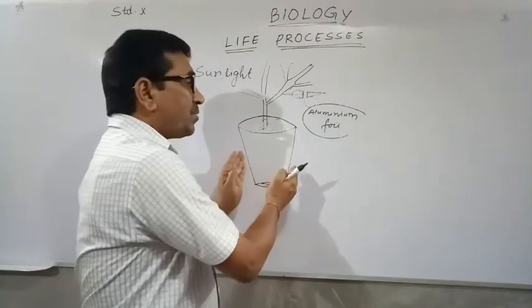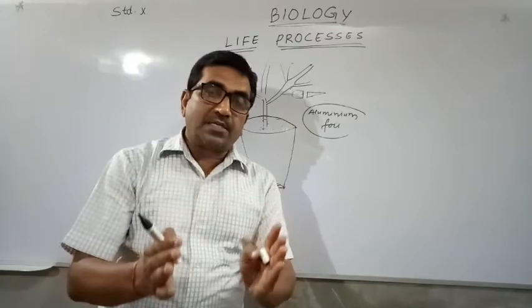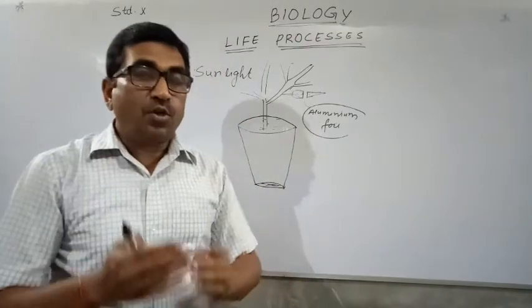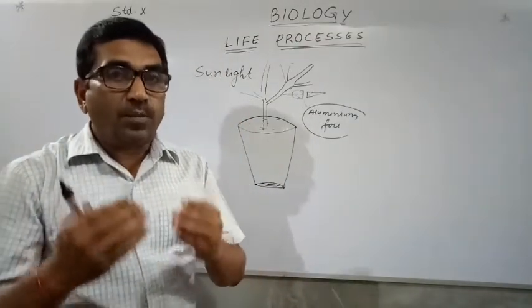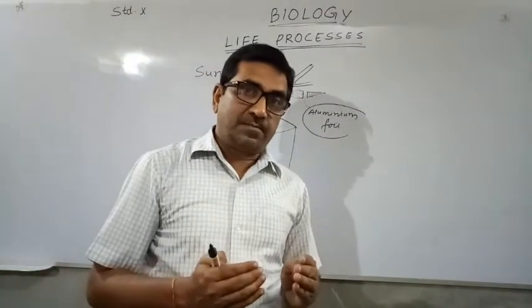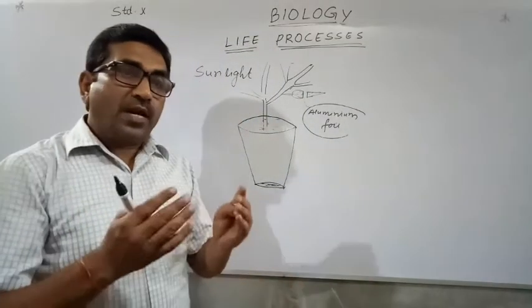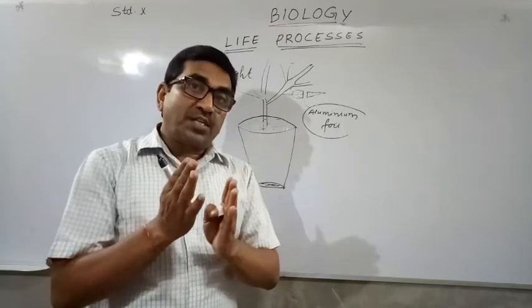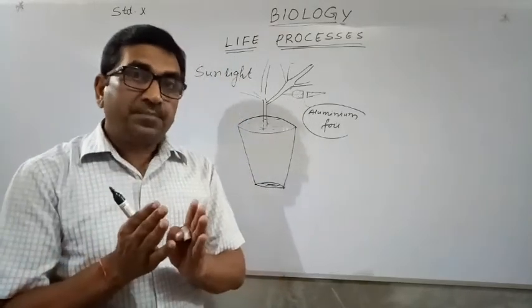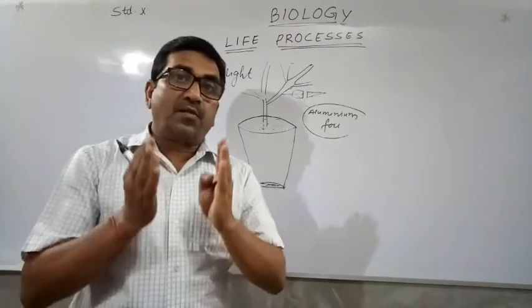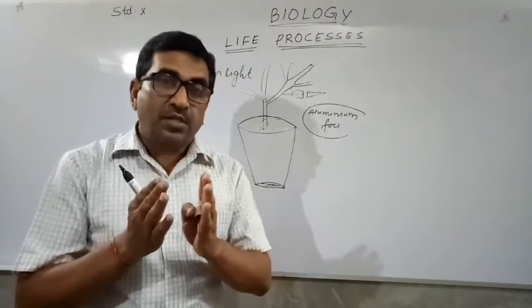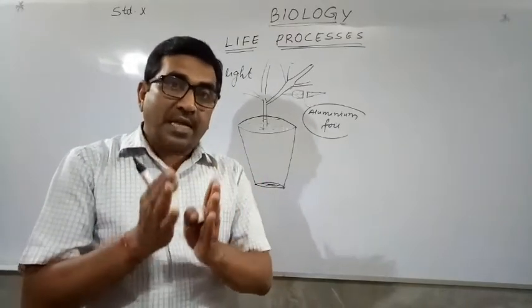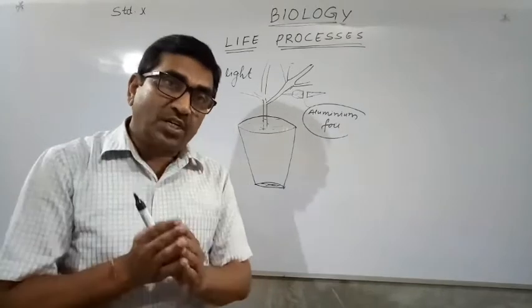Then we keep this potted plant in the sunlight for 6 to 8 hours for the process of photosynthesis to start. After 6 to 8 hours, photosynthesis has started. The leaf has prepared glucose, and the rest is stored in the form of starch.